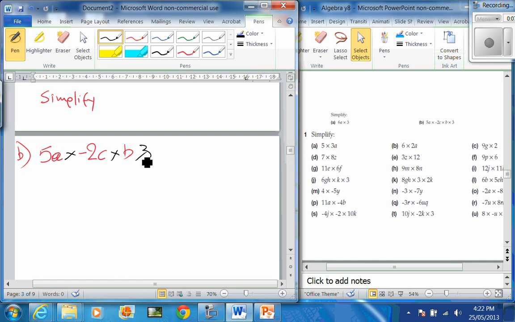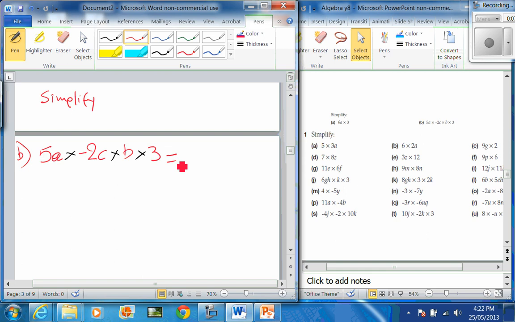So in this case, I'm mixing my numbers and my colors. So in this case, I need to work with the numbers first.